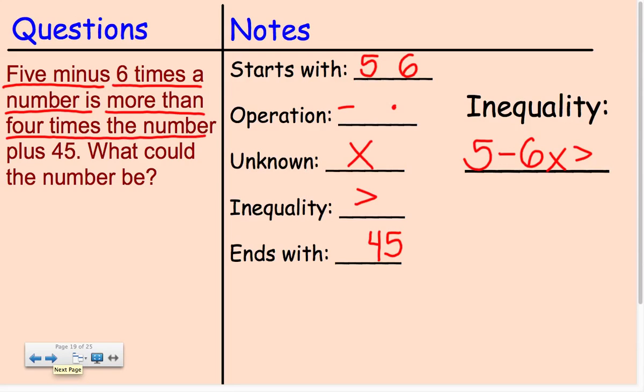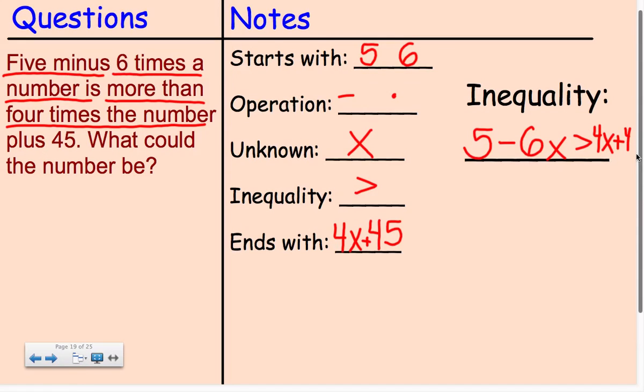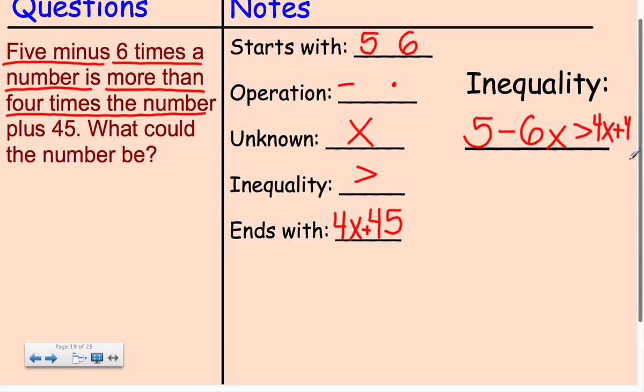So we're also going to need the 4 times the number plus 45. So this one is a little tricky. It actually might be better to not use SUI in this case. It might just help you to just read it from left to right, but you have to decide what works best for you.